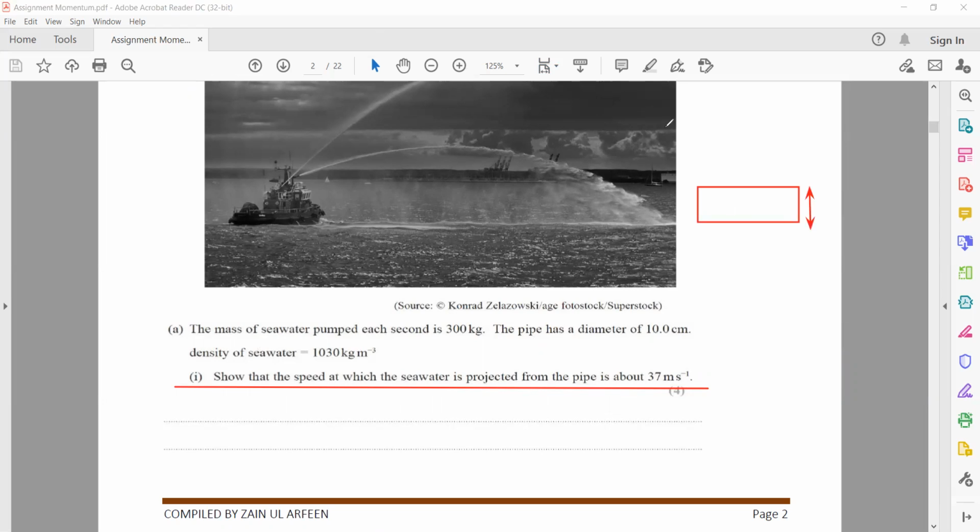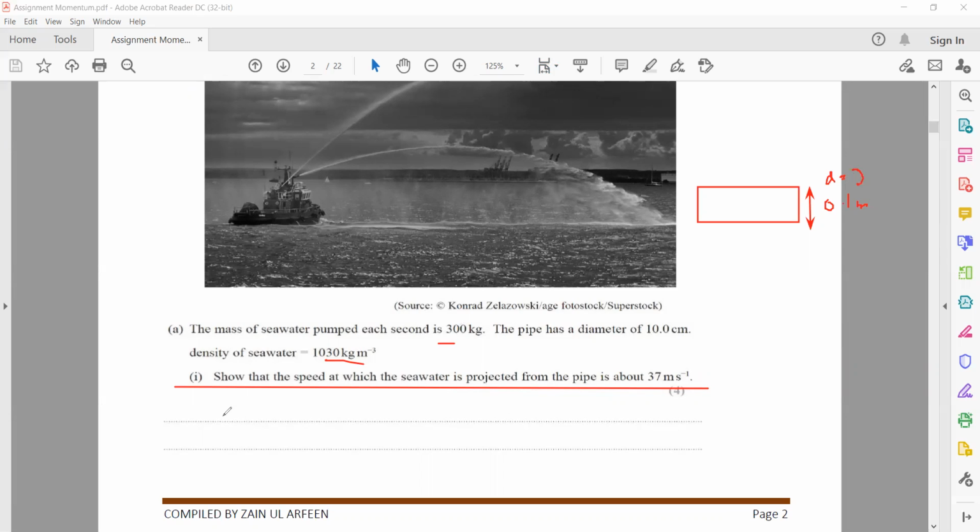That is 10 centimeters or 0.1 meter. So using this diameter, we'll work out the area, and using the density and mass, we'll work out the volume. And this is the mass which is flowing per second.